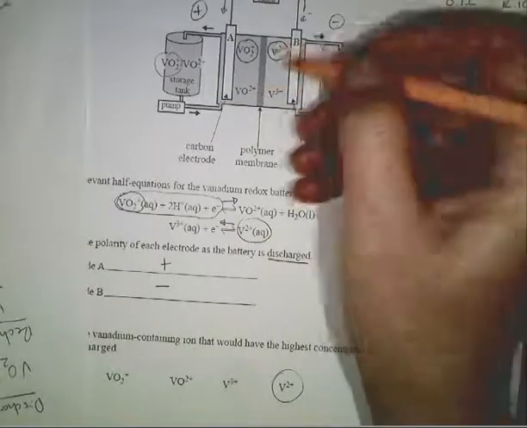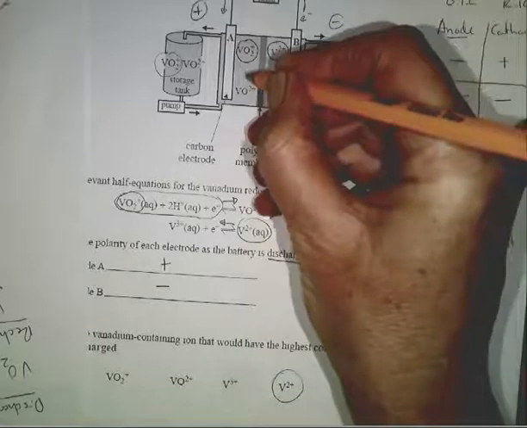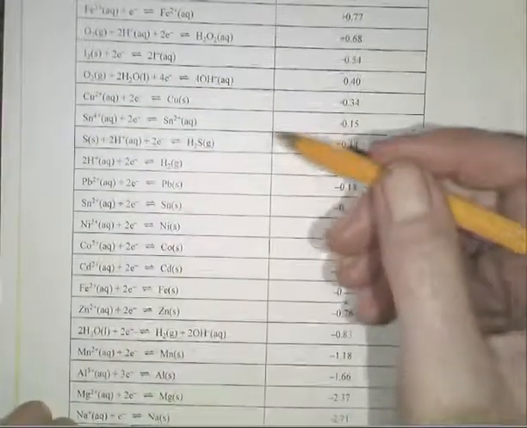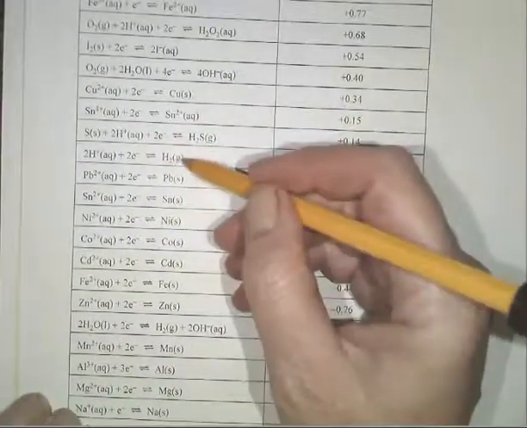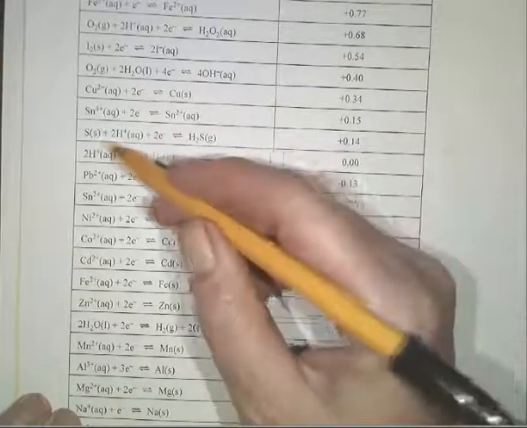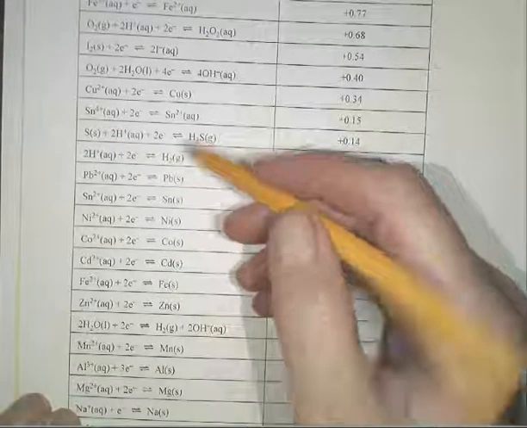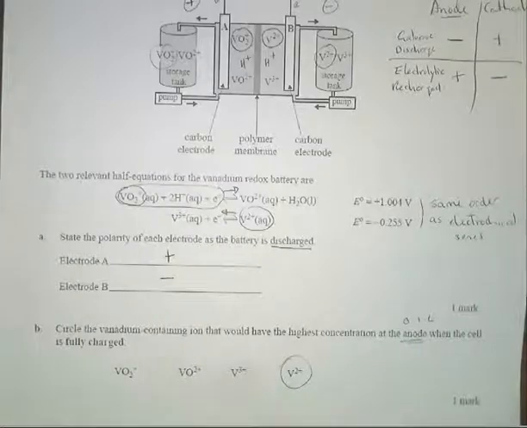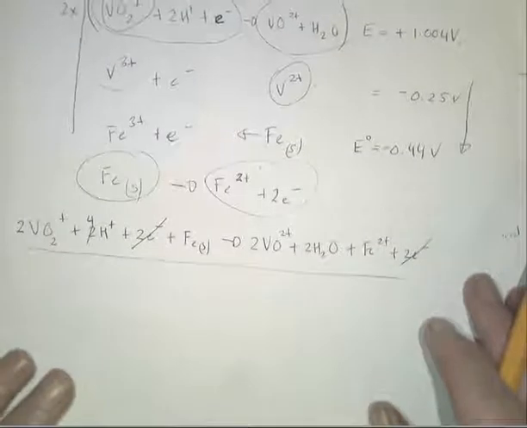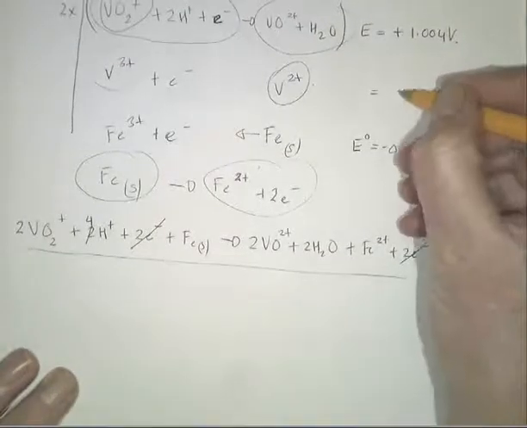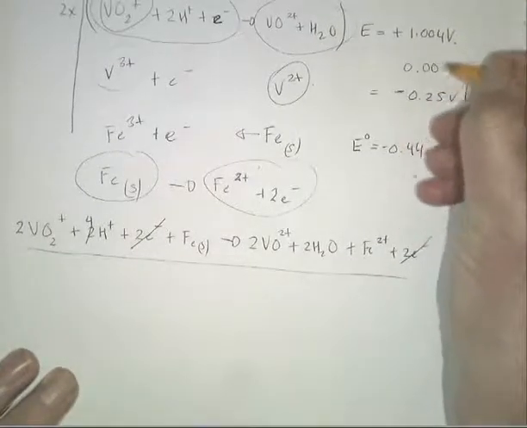There was another equation that they accepted. In here we also have hydrogen ions. And if you look on your electrochemical series, the hydrogen ions are the 0 one here, H plus. So if we put that in our order, it's 0, it's here.